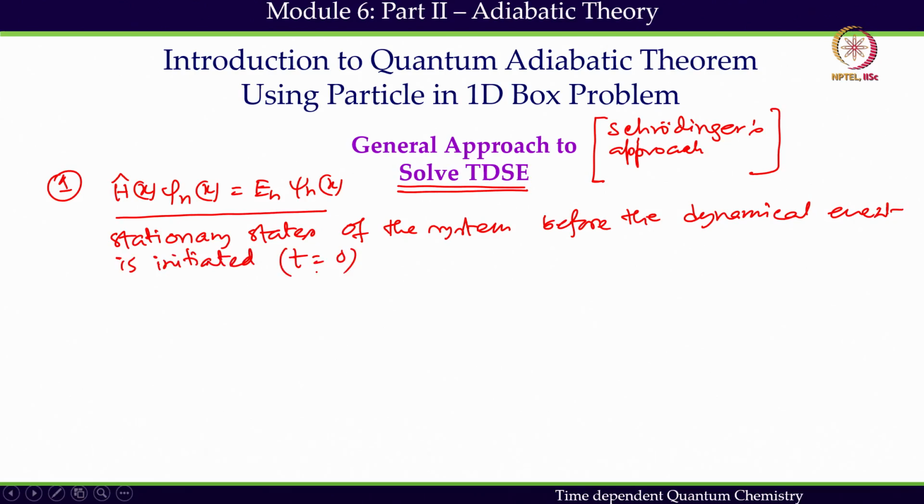So, at t equals 0 or before t equals 0, when the dynamical event is not initiated yet, I have to find out all possible stationary states.